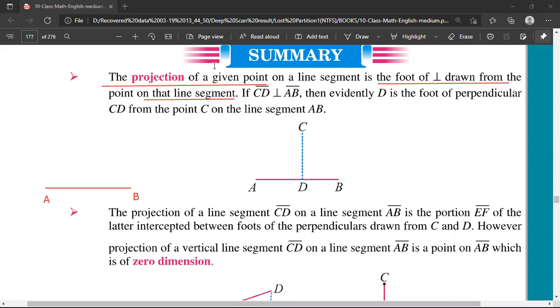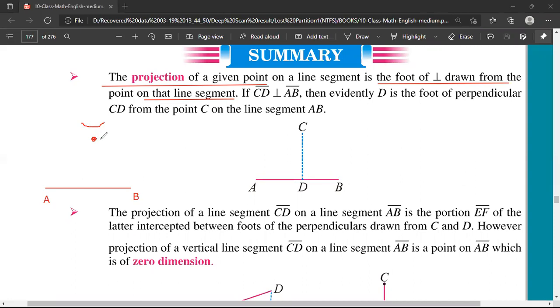So if I just mark one thick dot somewhere here, suppose this is a point, and we imagine that this point is, you can say, opaque, not transparent.